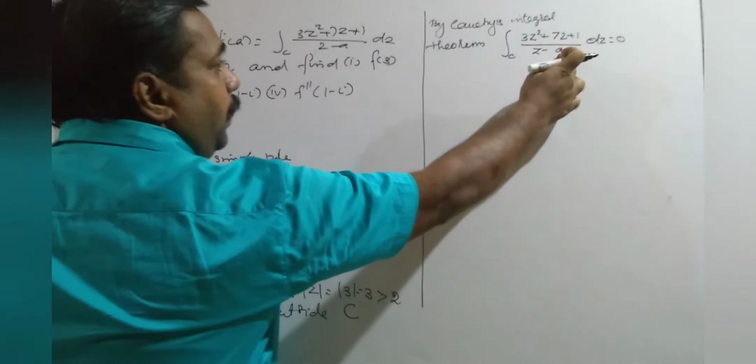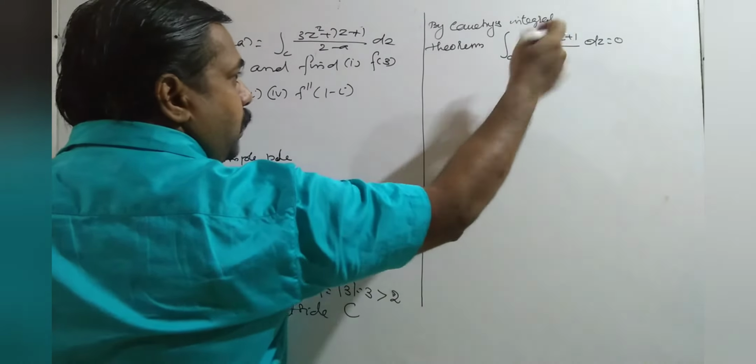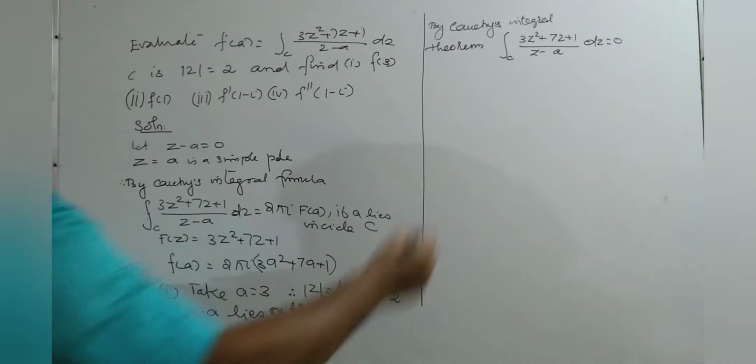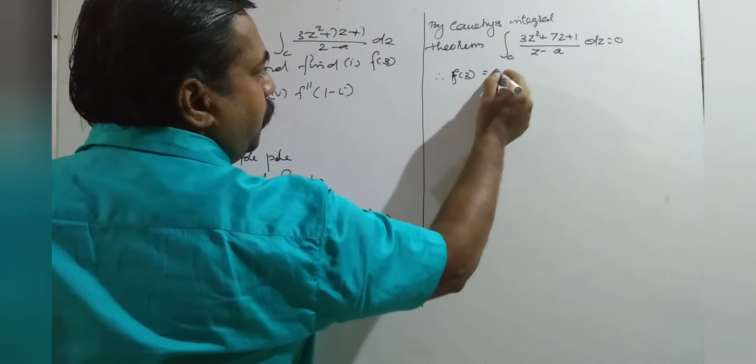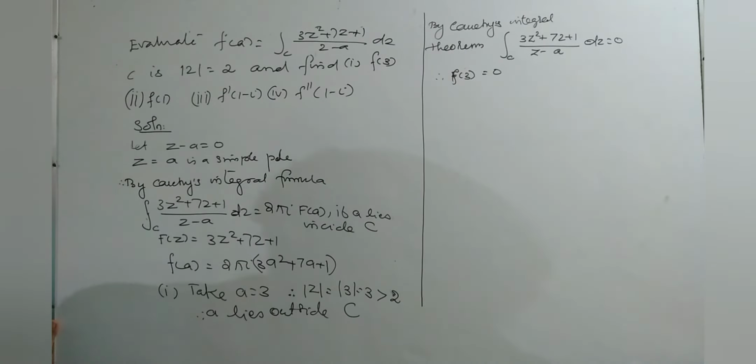Because here a equal to 3, so z is equal to 3 lies outside, that value is equal to 0. Therefore, f of 3 is equal to 0. So that is the first one.